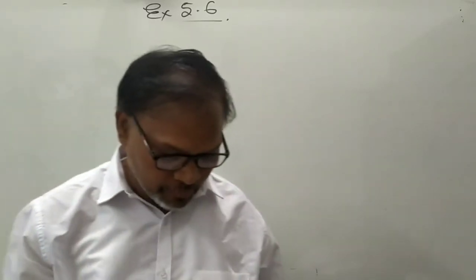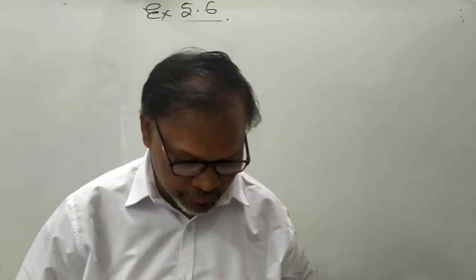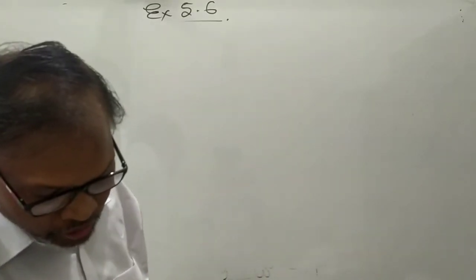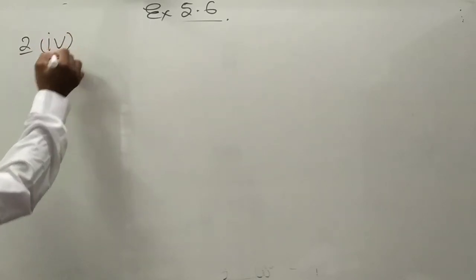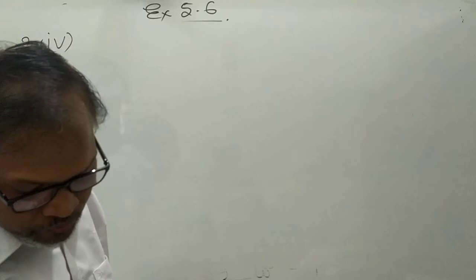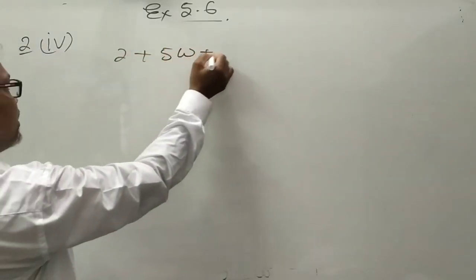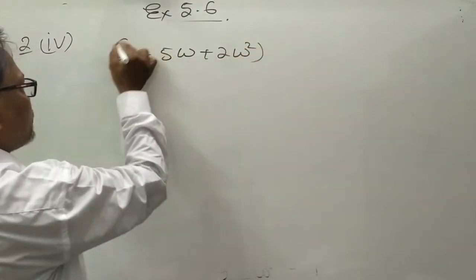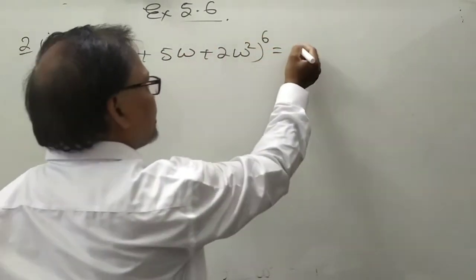It is very simple, like question number 3 or question number 2, the fourth part. Prove that (2 plus 5 omega plus 2 omega square) to the power 6 is equal to 729.